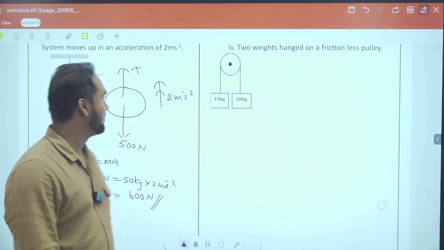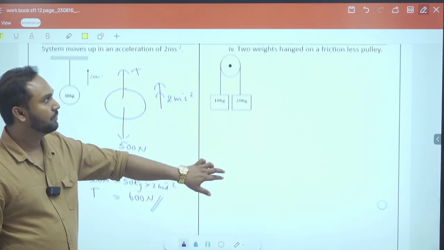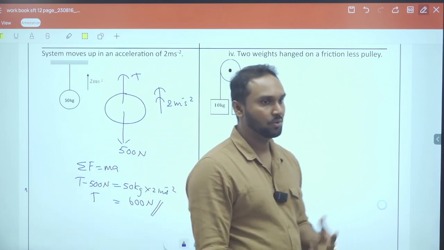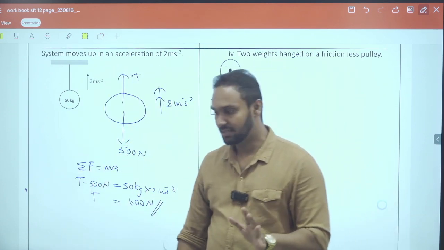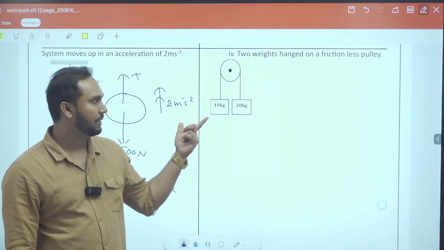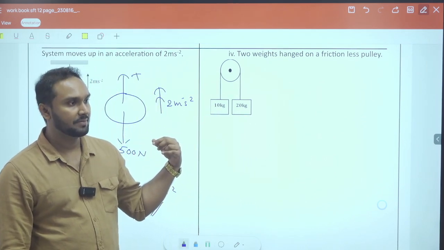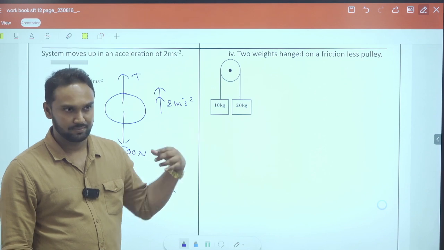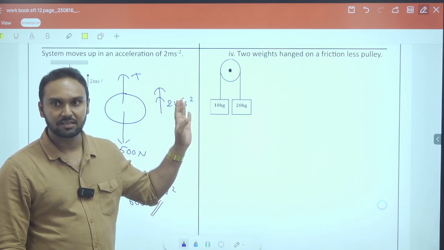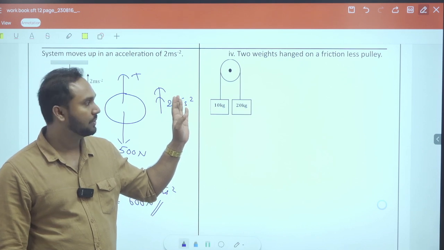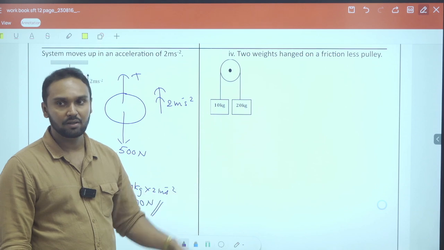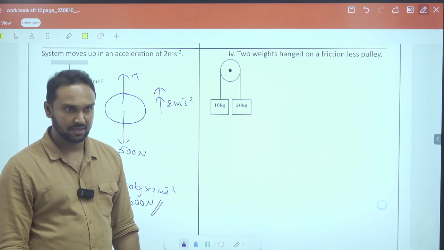Right. So the next question. Two weights hang on a frictionless pulley. What happens here now? Now there are two weights, right? 10 and 20 kilograms. And the system has to move in one direction, right? So tell me, which direction would the system move? Towards the 20 kilogram side or the 10 kilogram side? 20 kilogram side usually, right?